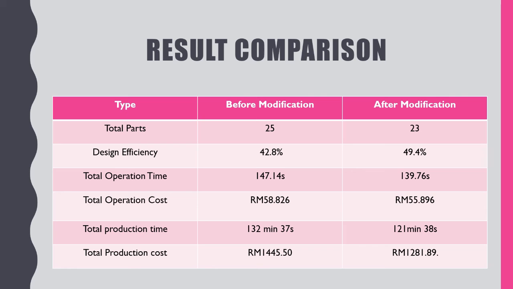The total production time is 132 minutes and 37 seconds and after the modification it was reduced to 121 minutes and 38 seconds. So the total production cost before the modification is 1445 ringgit 50 cent and after the modification it was reduced to 1281 ringgit 89 cent. That's all from us.